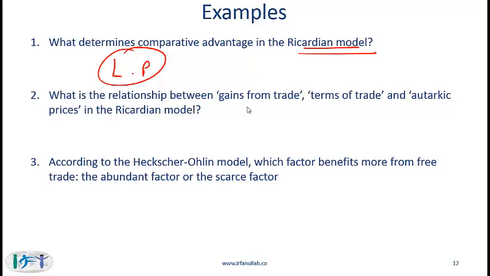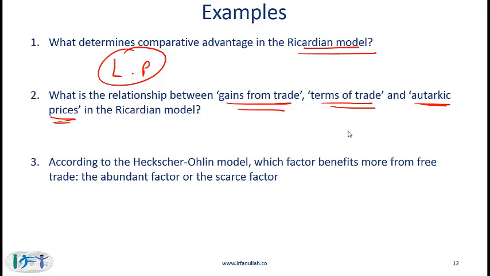What is the relationship between gains from trade, terms of trade, and autarkic prices in the Ricardian model? And we talked about this a few slides earlier. The gains from trade are high if the terms of trade are similar or closer to the autarkic prices in the trading partner.